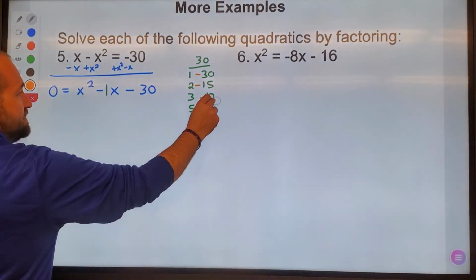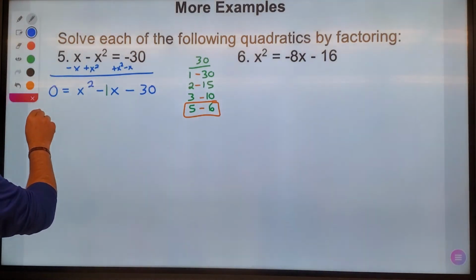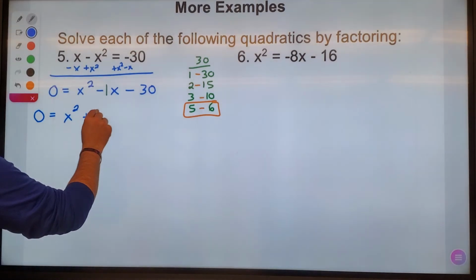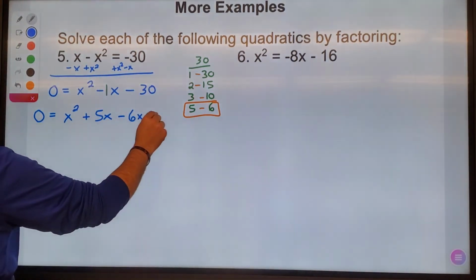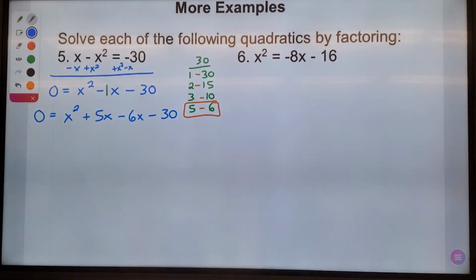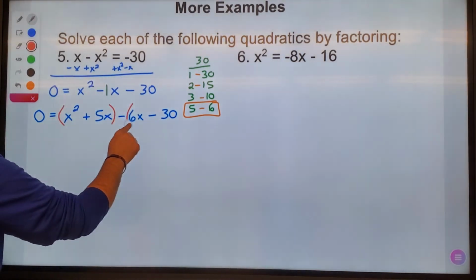But 5 minus 6 does equal negative 1. So now I'm going to separate them. 0 equals x squared plus 5x minus 6x minus 30. And then I'm going to group them, again, leaving the sign in the middle.